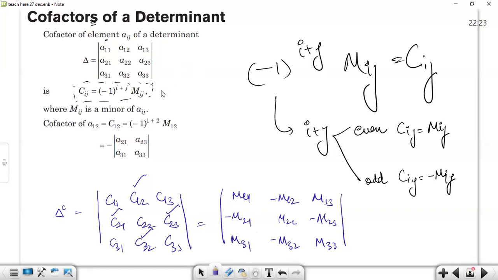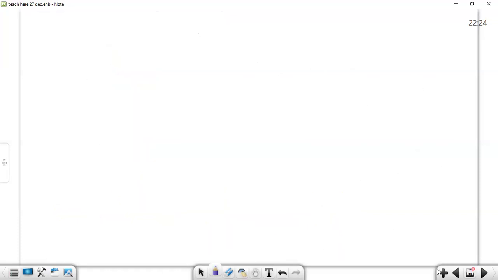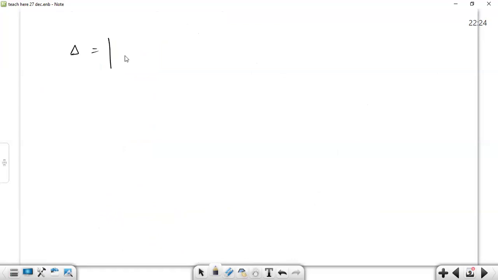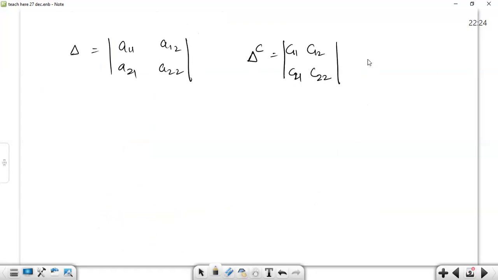Yes, sir. When we talk about any matrix of 2 by 2 order, let's find its cofactors, presenting them in the form of minors. So even here, odd here, odd here, even here.